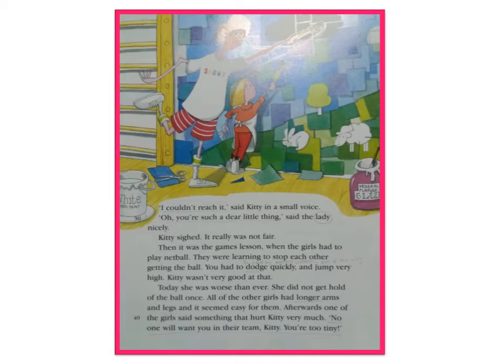Kitty sighed. It really was not fair. Then it was the games lesson. When the girls had to play netball, they were learning to stop each other getting the ball. You had to dodge quickly and jump very high. Kitty wasn't very good at that. Today she was worse than ever.